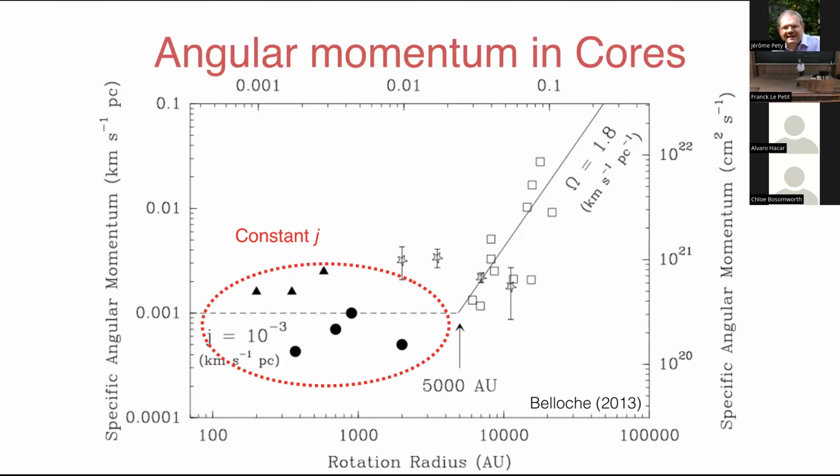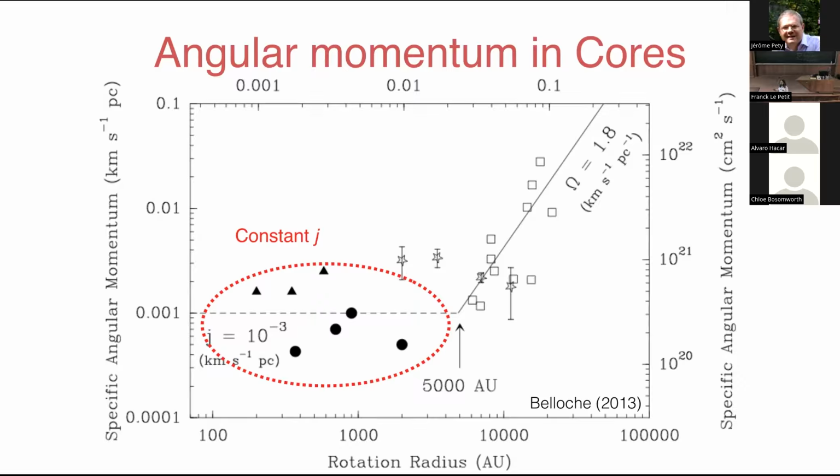Another reason to look for cores is that we can try to study the amount of angular momentum. This is the specific angular momentum, the total amount of angular momentum in an object divided by the mass. It is an interesting proxy to study disk formation, because at some point we have some radial dependence of the angular momentum, and if gravity wins, that is a conservative force.